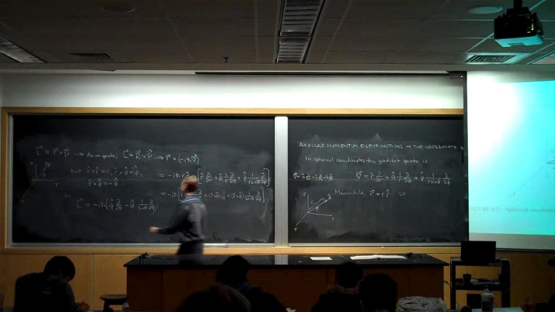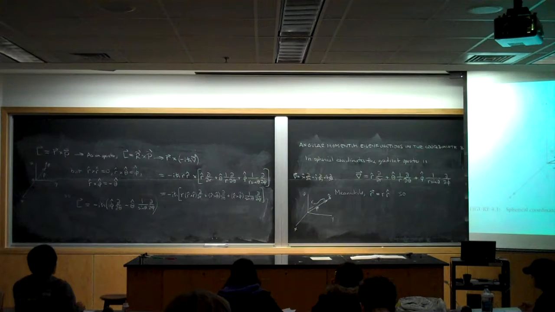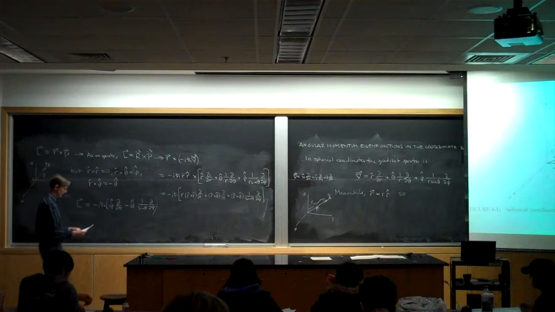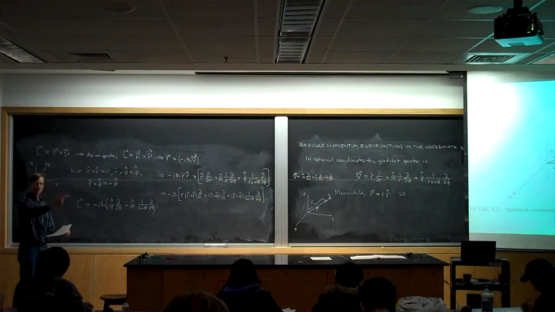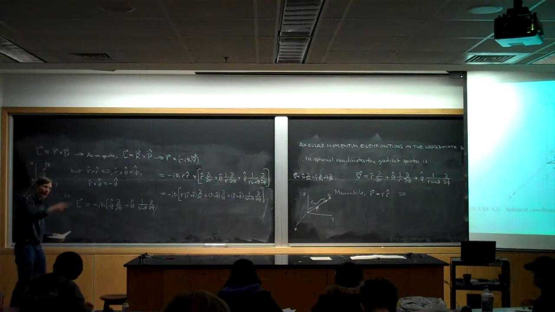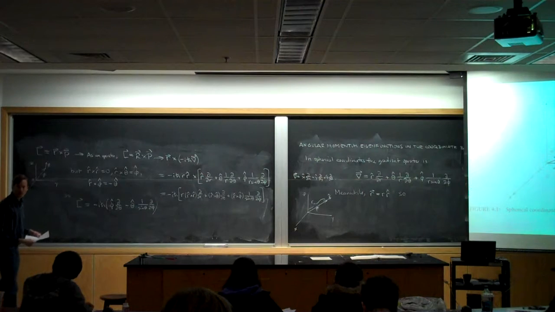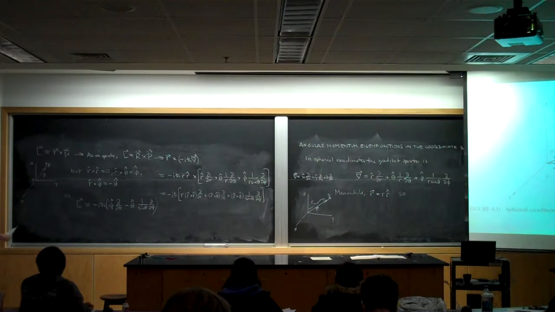Notice that L only involves angular variables. The r completely dropped out of it, which is not surprising, I hope, because angular momentum is about orbiting, kind of fundamentally. I mean, you can move in and out, but it's only the component perpendicular to the radius vector that contributes to the angular momentum when you do the r cross p business.